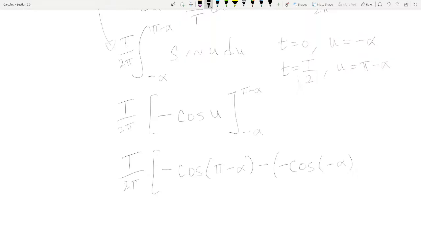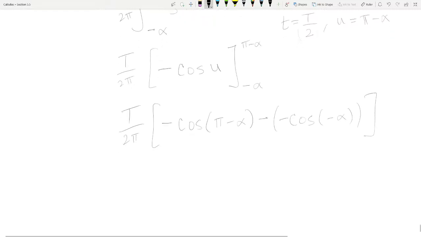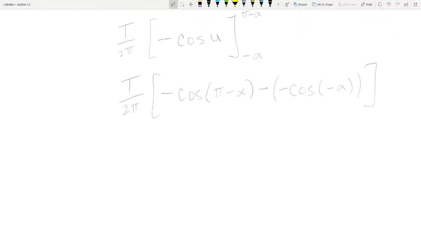Oh my goodness, lots of minuses. All right, let's clean that up then. So T over 2 pi, and then this one is minus cosine of pi minus alpha, and then over here it's plus cosine of minus alpha, but here cosine of minus alpha is equal to cosine of alpha.